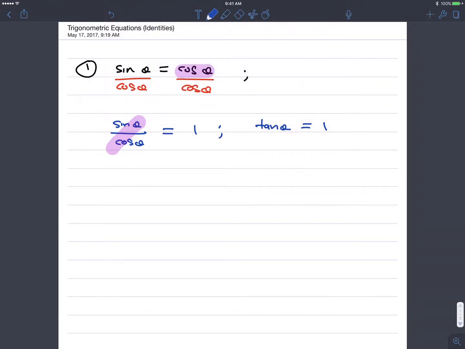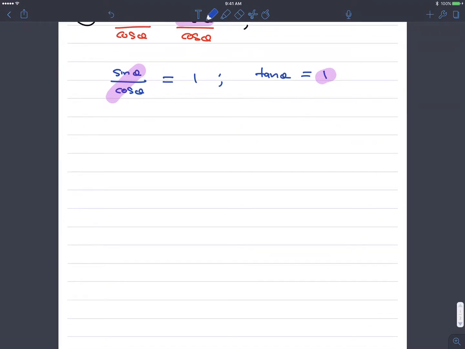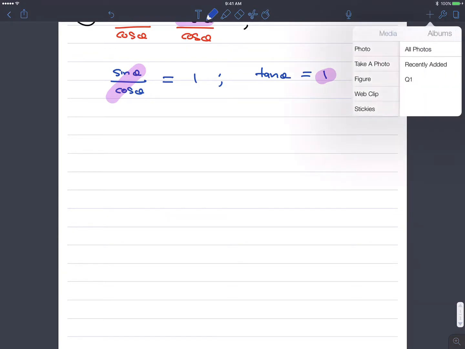So now we're going to have to find solutions for tangent theta being 1. And you guys already know, since 1 is positive, our quadrant 1 reference angle is one of the solutions. So let me bring in our Cartesian coordinates.